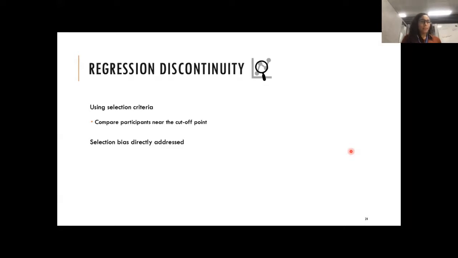This means that we are directly addressing the selection bias and actually using it to identify our counterfactual.